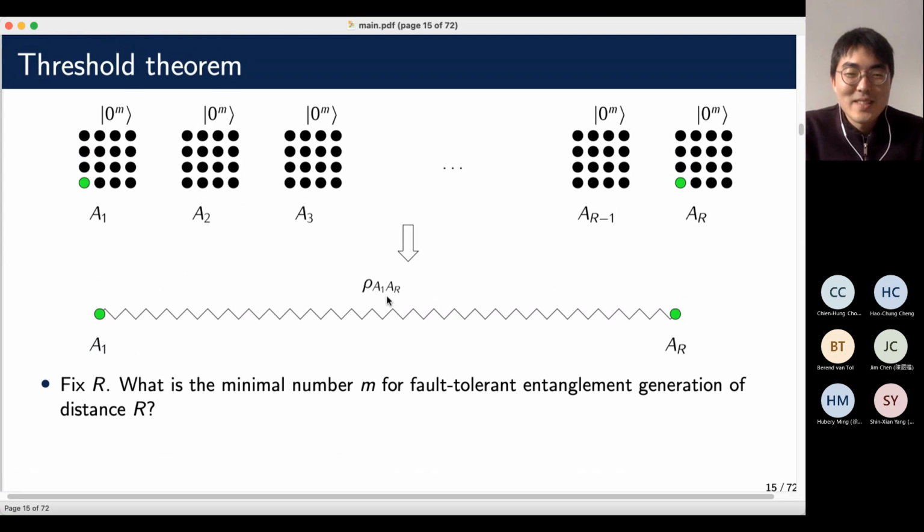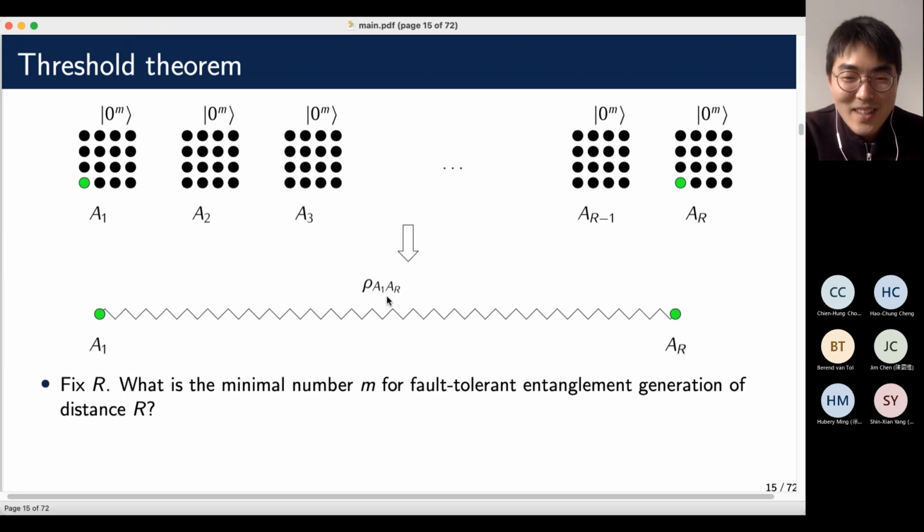So the natural question is, let's say we fix R. And then what is the minimum number M, the number of qubits per each station, for this fault-tolerant entanglement generation of distance R?